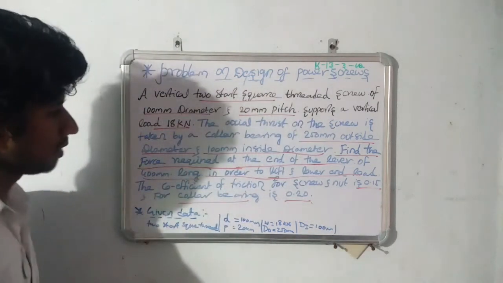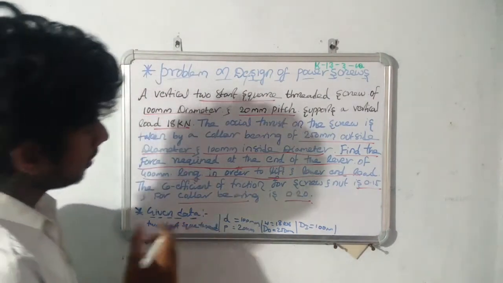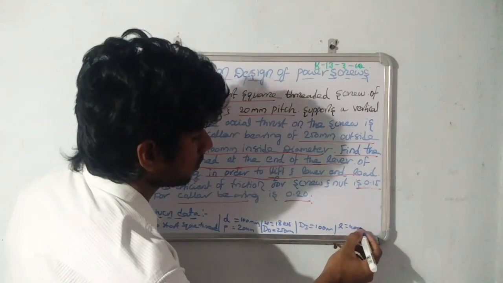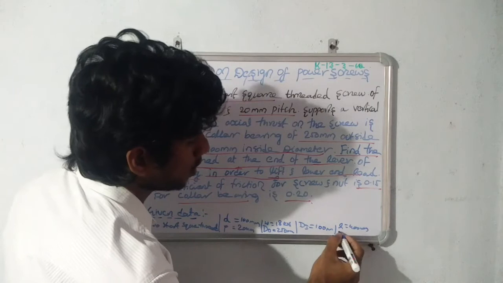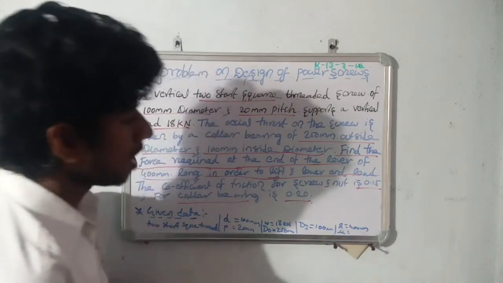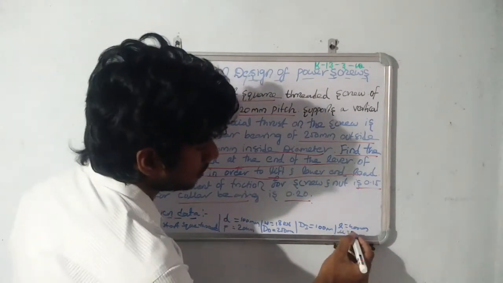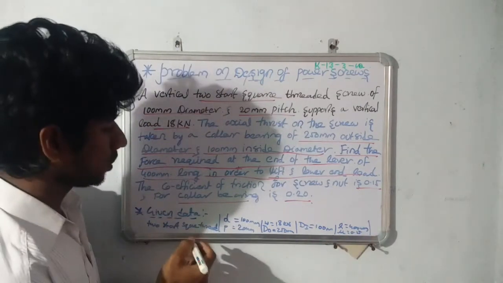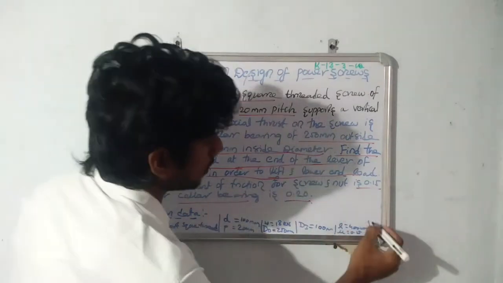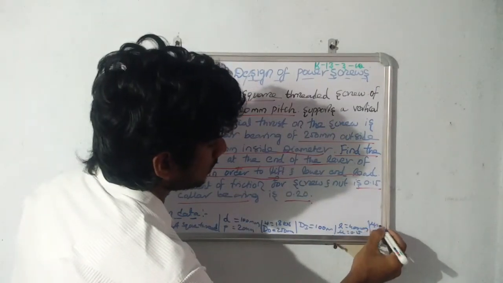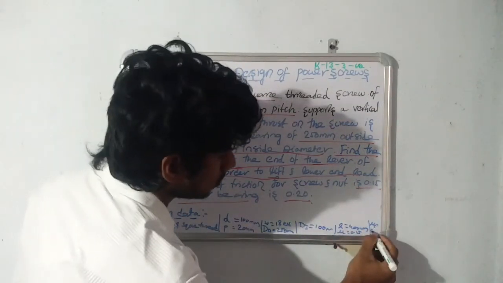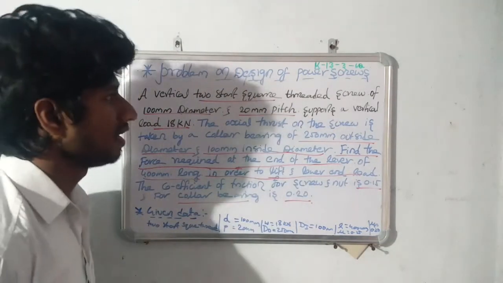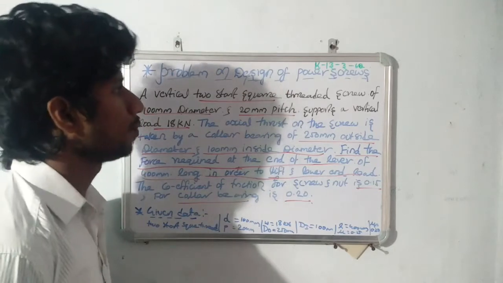And we have the length of the lever equal to 400 mm, and the coefficient of friction of the screw and nut is equal to 0.15. The coefficient of friction for the collar is also provided here, equal to 0.20. So this is the data given in the problem. Let's start the problem.